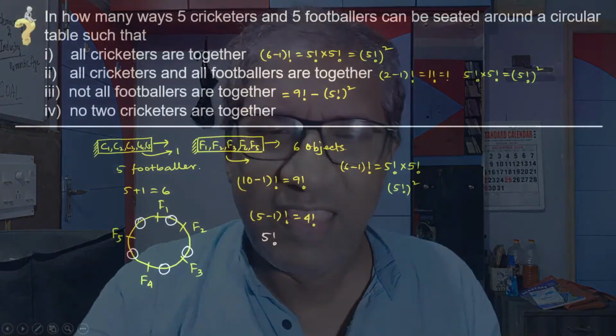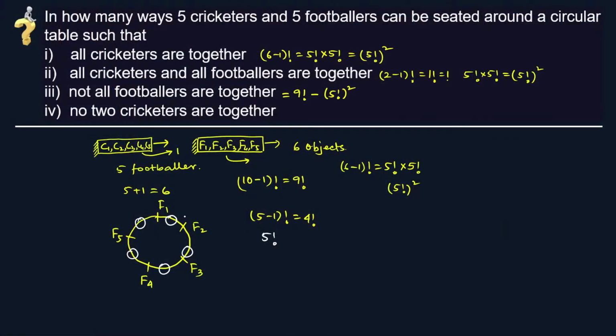In other words, these places are now indirectly being numbered. So when these 5 places are filled by the 5 cricketers, it will be simply a linear arrangement, not a circular arrangement. Be careful about it. So 5 cricketers can sit in these 5 vacant places in factorial 5 different ways.